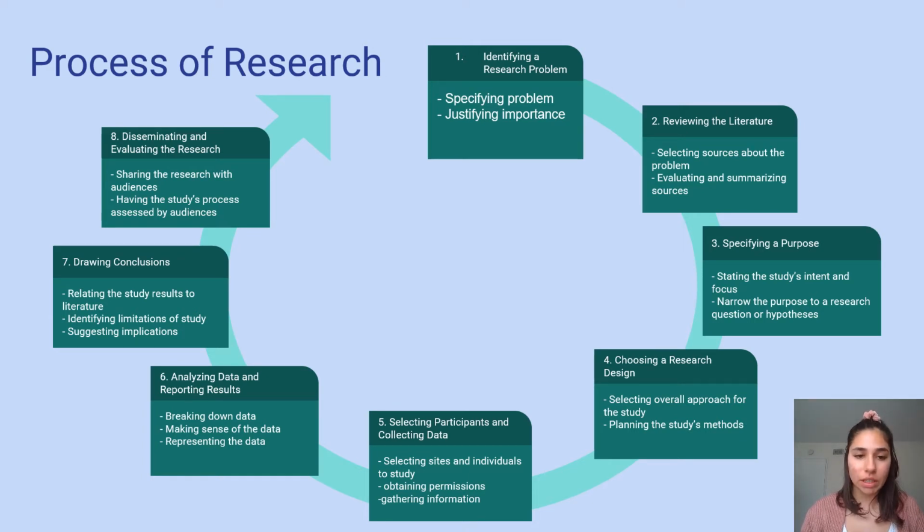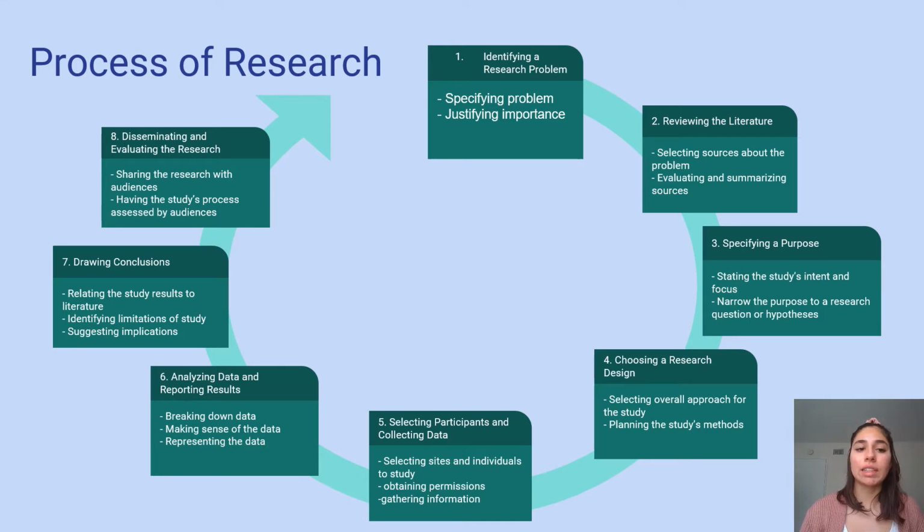For step 6, you are analyzing data and reporting results. So you are breaking down data, you're making sense of the data, you're representing the data so that others are able to understand it. In step 7, you are drawing conclusions.